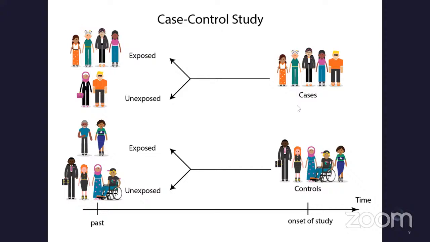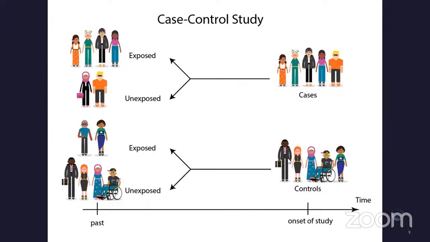Now, if you see the cases, most of them, the orange color girl, the green dressed girl, the one with the coat, and the one with the pink shirt, all of them came from exposed. But we do have a person with the orange shirt who came from unexposed. If you look at the controls, we have a tall man, a lady, another lady, and a person with a wheelchair. All of them came from unexposed, but we do have a lady who came from the exposed group.